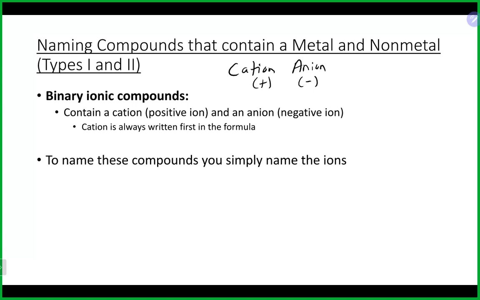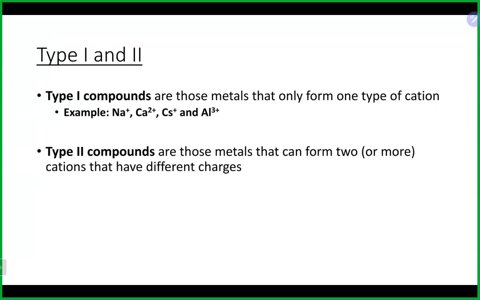So when you're naming an ionic compound or you're writing the formula for an ionic compound, that is the deal. You want to always go the positive guy first, followed by the negative guy, the cation and the anion. Basically, the metal first and then the non-metal, except for hydrogen, which we can play into here. As I mentioned before, to name those ions, we simply just name the element in that case if it's a cation.